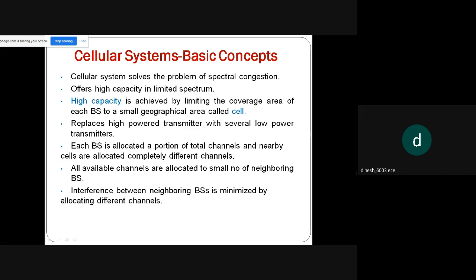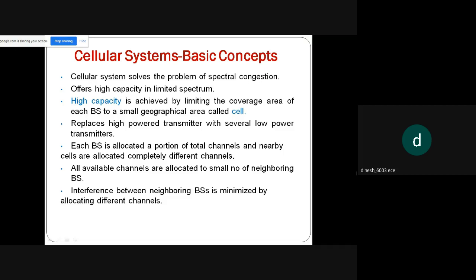High capacity is achieved by replacing high power transmitters with several low power transmitters, and each base station is allocated a portion of the total channels, where the nearby cells are allocated completely different channels.